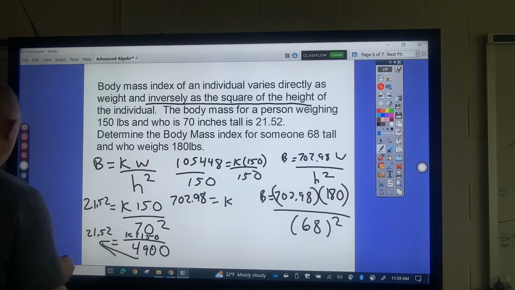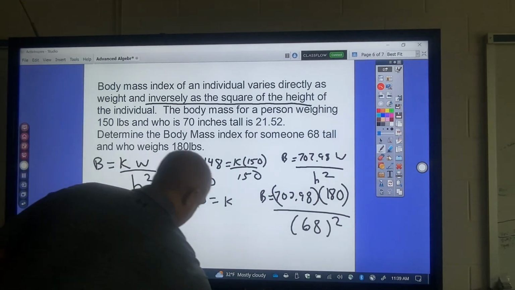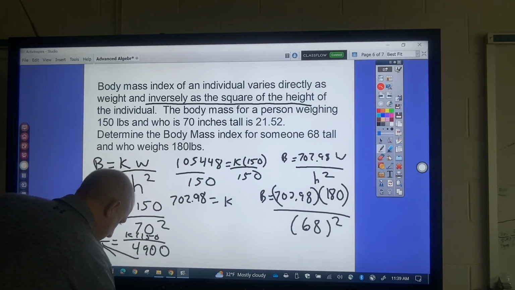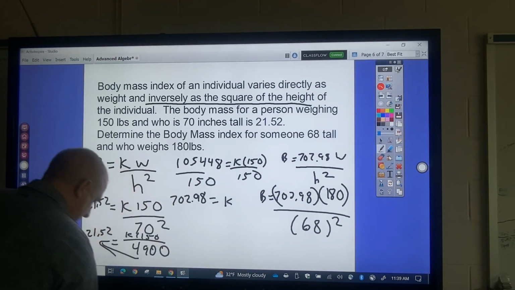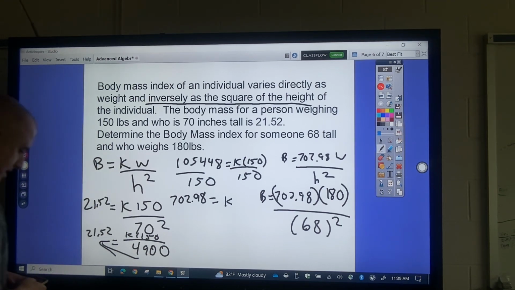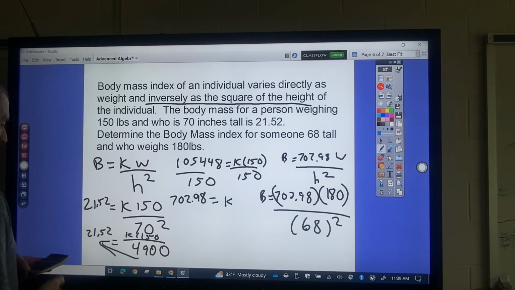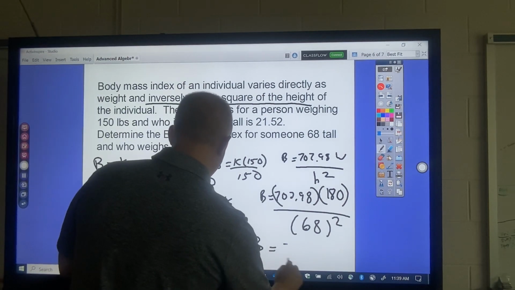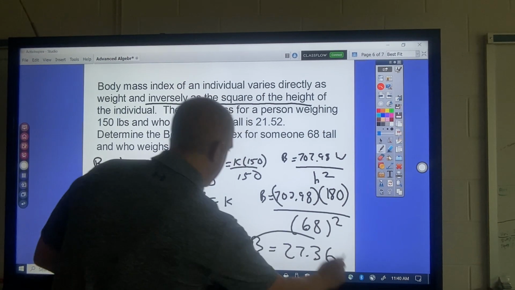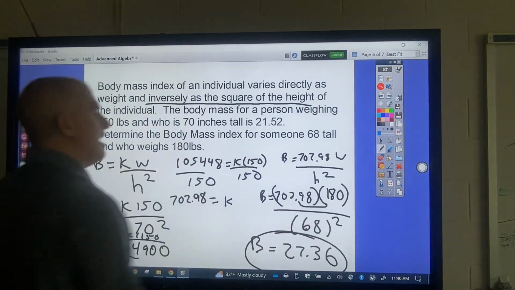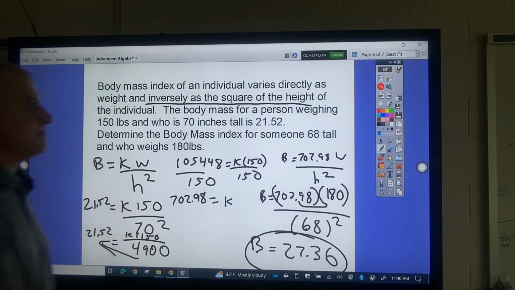Using the calculator, 68 squared is 4,624, and I get 27.36 for the body mass index. So multiply those and then divide by that.